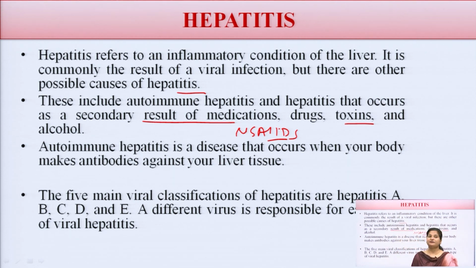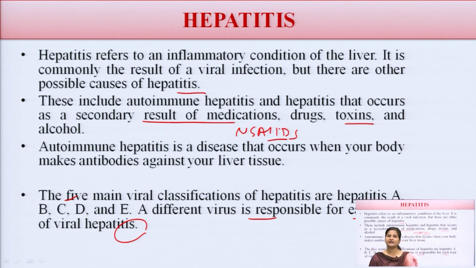There are 5 main types of hepatitis: hepatitis A, B, C, D, E. A different virus is responsible for each type of hepatitis.